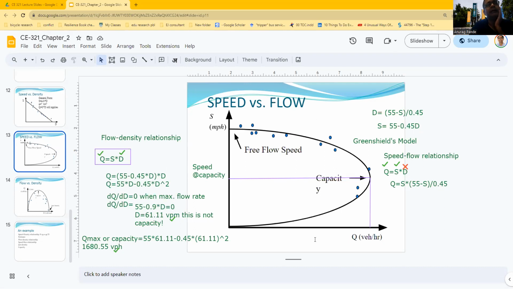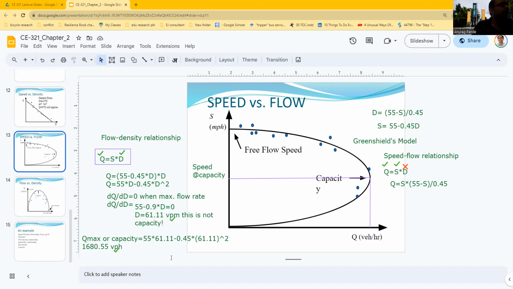I can derive that, and then I can find the corresponding value of flow rate by substituting the speed at capacity into it. Then I'll get my maximum flow rate. The maximum flow rate will come out to be the exact same value that you got from the speed flow density relationship, so they should come out the same. That's something you should practice and check, to see if you can repeat the process that you see on your left on your right as well. That'll be a great practice for you.